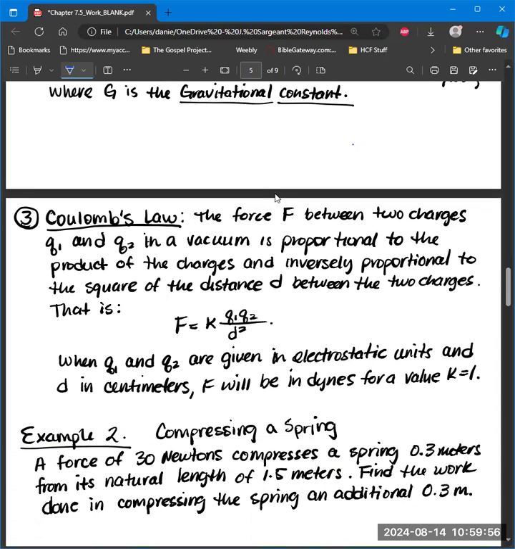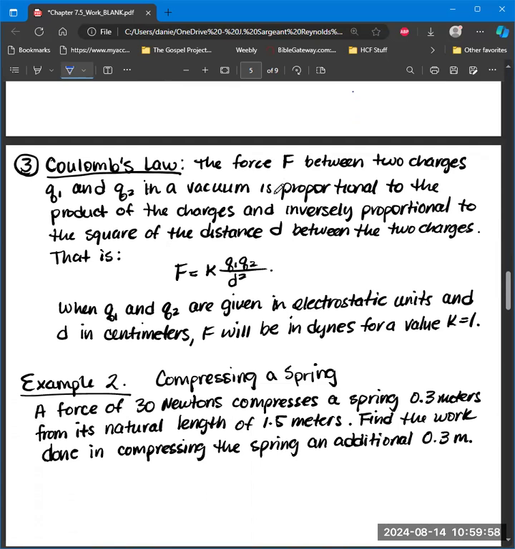Coulomb's law goes down to the subatomic level, and it has to do with charges. Instead of gravitational force, this is the electromagnetic force between charged subatomic particles within the atom.